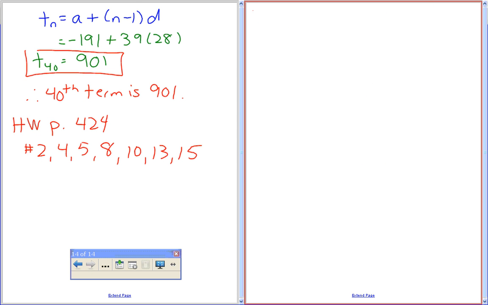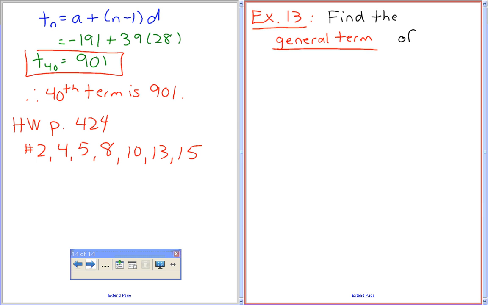Okay, example 13. In case the question asks you to find the general term, I just couldn't remember where we were at, so I just wrote 13.